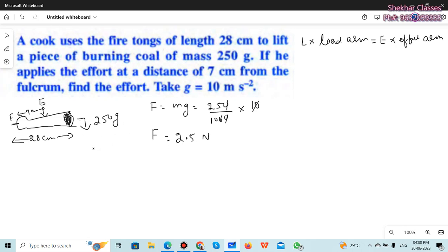And how much force does he need to apply? Load is 2.5 Newton into load arm.